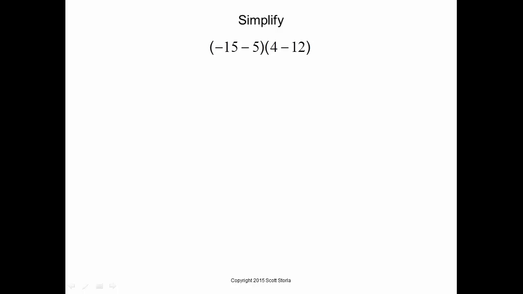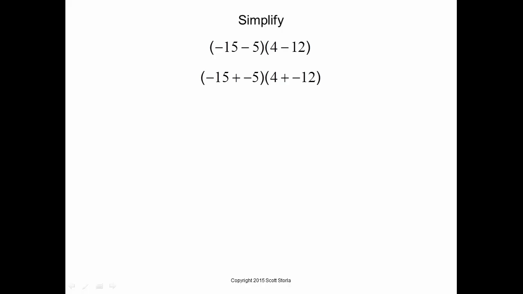Here's another. Here I have 3 operators, a couple of subtractions and a multiplication. The subtractions inside the parentheses must come first. I'll change the first to adding a -5 and the second to adding a -12. Inside the first set of parentheses, the signs are the same, so that will give me a -20.